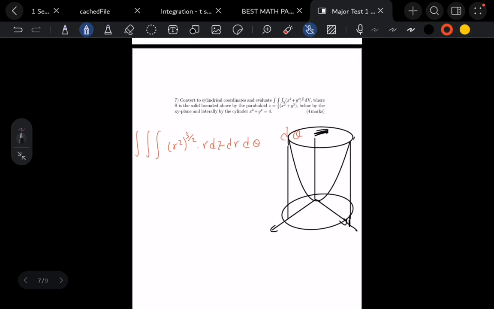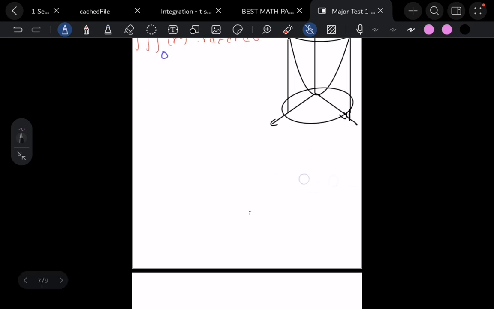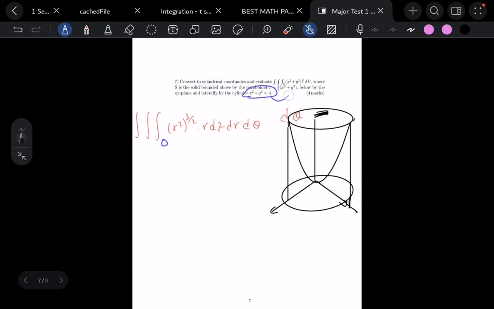The minimum value of z is going to be 0 because it's bounded by the xy plane, right? What is the second thing? Your maximum value of z. You see this cylinder equals this paraboloid at the top. So if you take this x squared plus y squared and substitute it there, I'm going to have 1 over 2 times 4, which is 2, which means your maximum value of z is going to be 2.